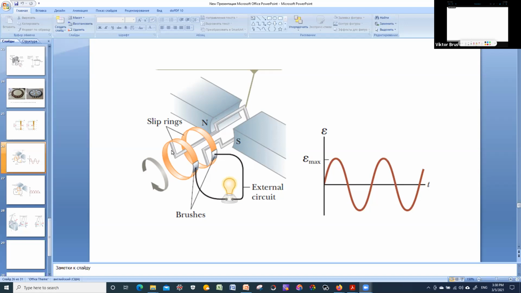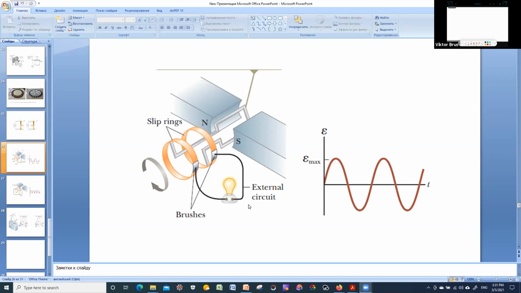And then each of the ends, let's call them terminals, of this frame is connected to a ring, a current collecting ring. And then there are contacts from these current collecting rings to an external electric circuit, where some loads and consumers can be hooked up.